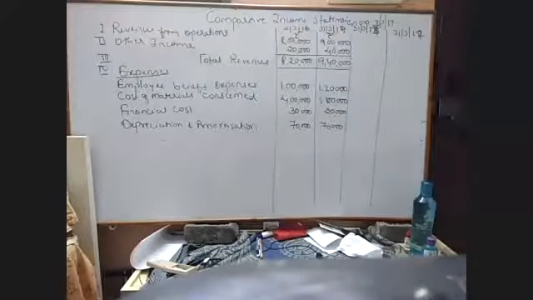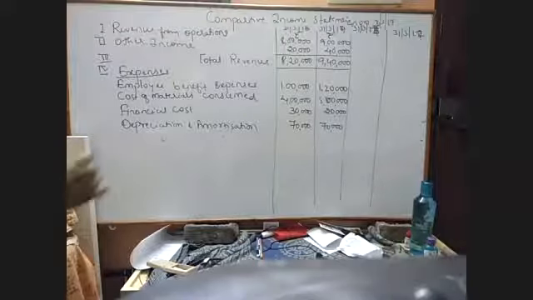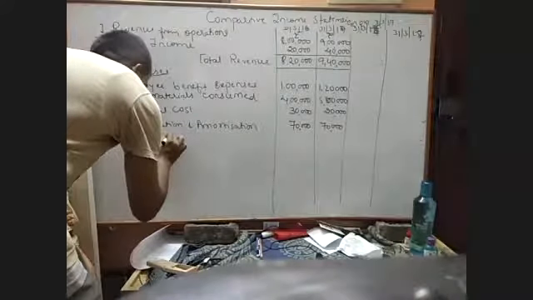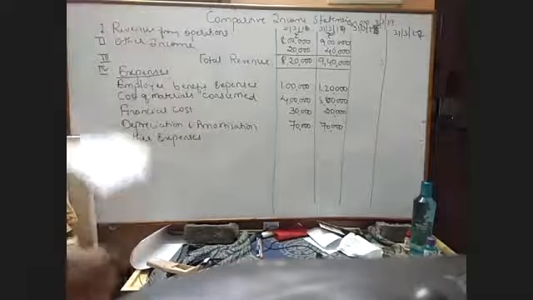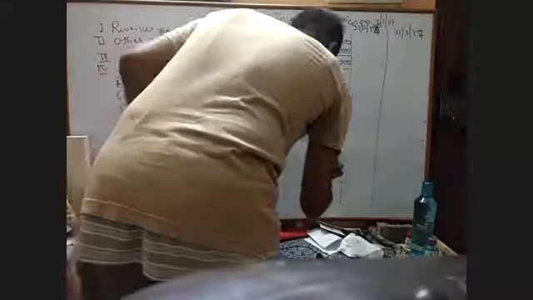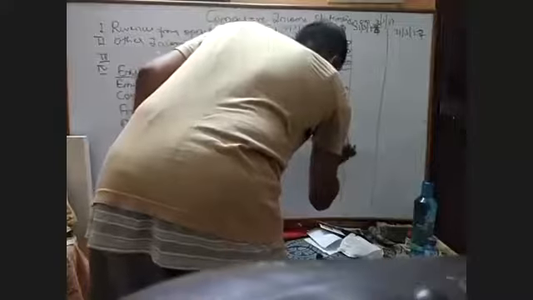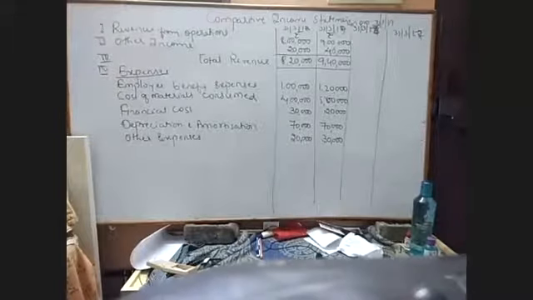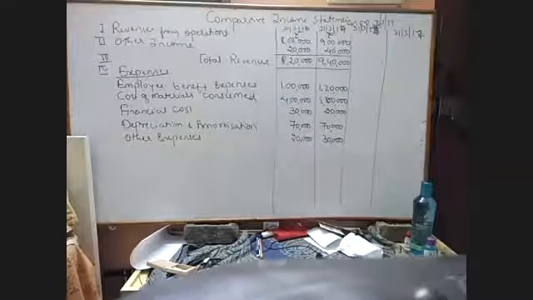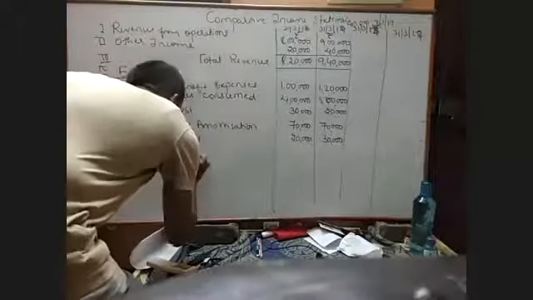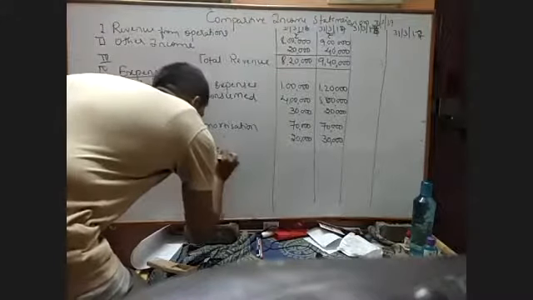Next is other expenses, 30,000. Now, next is total expenses.